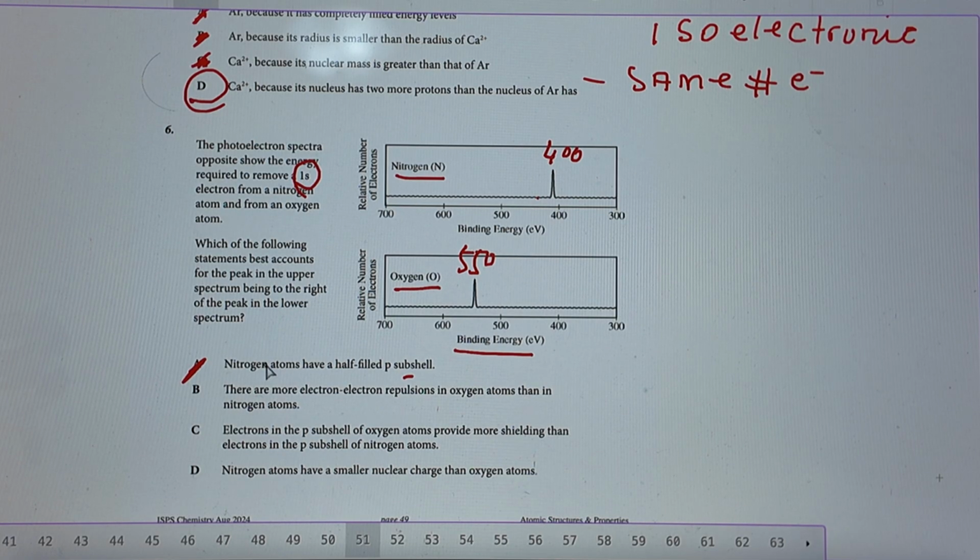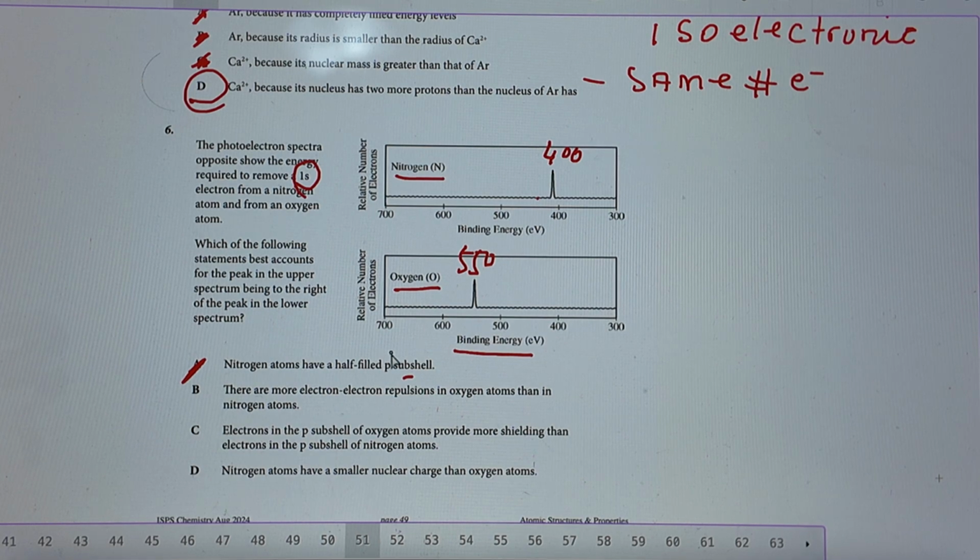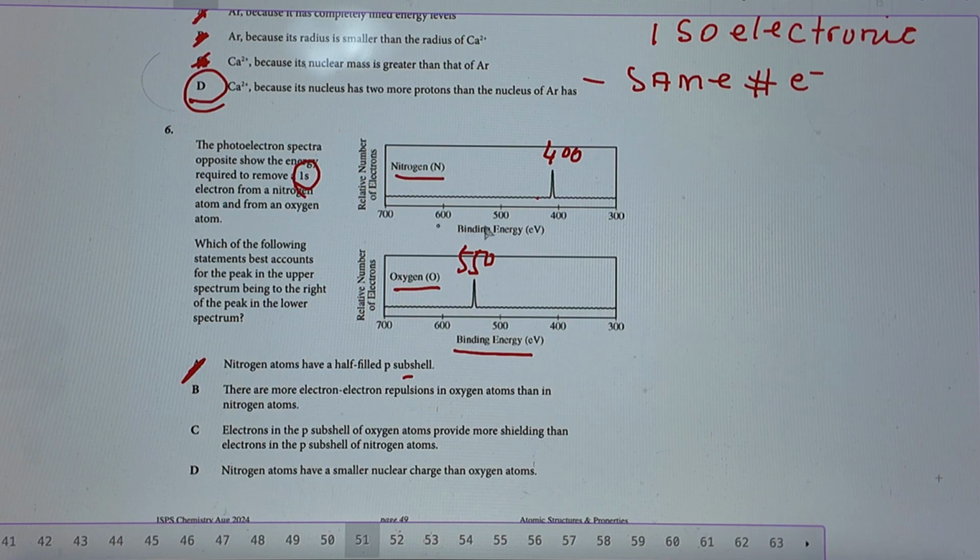Now, why would the repulsion be greater in oxygen atoms, right? In outer shells there may be some repulsion, but that doesn't explain why it's easier to remove an electron in the 1s. Remember, this question is asking about removing 1s in the innermost shell.